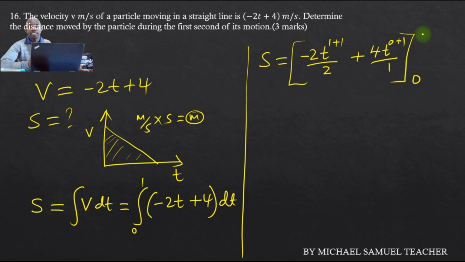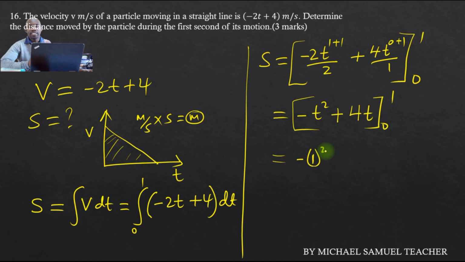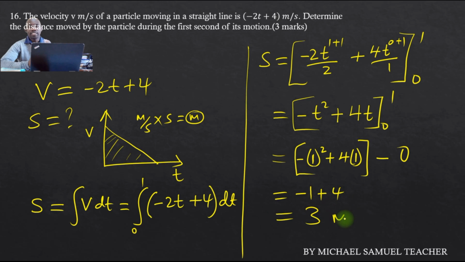With the limits 0 to 1, this will be minus t squared plus 4t, from 0 to 1. So we substitute the values in: minus 1 squared plus 4 times 1, then minus, we substitute 0, and everything becomes 0. So this will be minus 1 plus 4. We get 3. So the distance is 3 meters.